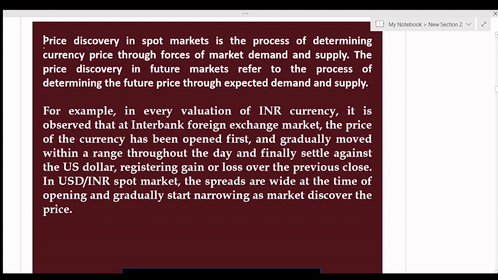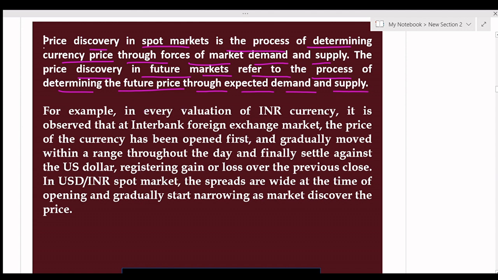Price discovery in spot markets is the process of determining currency price through forces of market demand and supply. The price discovery in futures markets refers to the process of determining the future price through expected demand and supply.